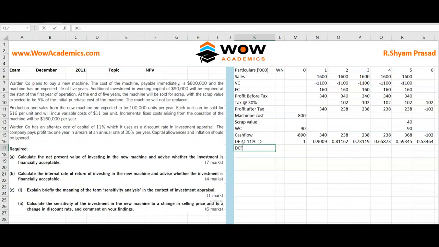So next is to find out the discounted cash flow. Discounted cash flow is a simple number. Multiply your cash flow by the discount factor. You got your DCF. In some books it's called DCF, in some books they call it PV, present value. So we take it as DCF. So the last number is NPV.